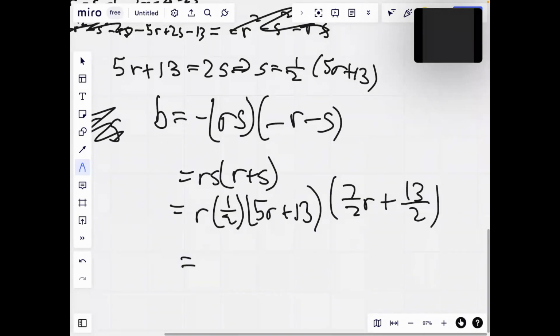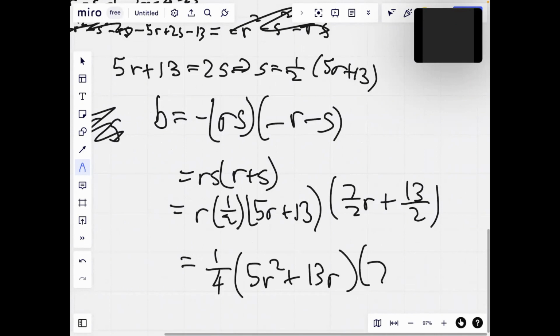And this is equal to one fourth of 5R squared plus 13R times 7R plus 13.